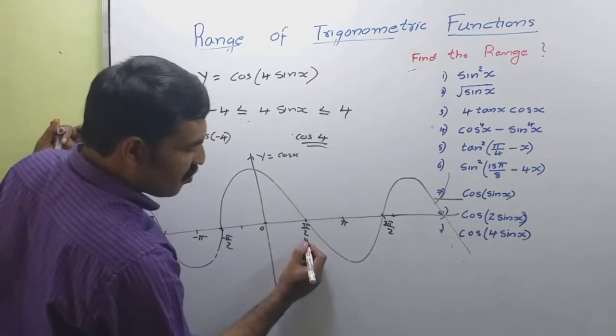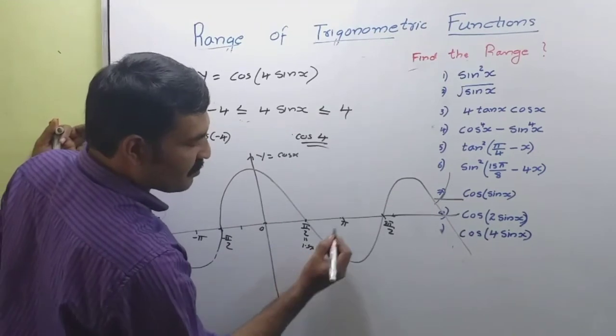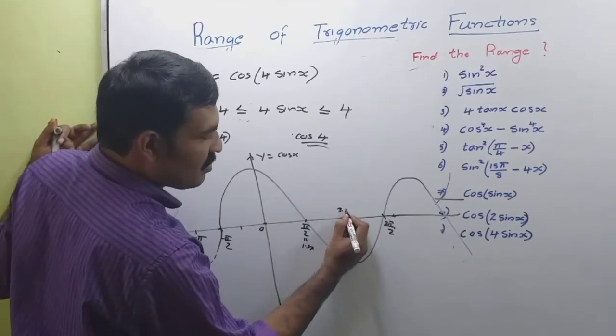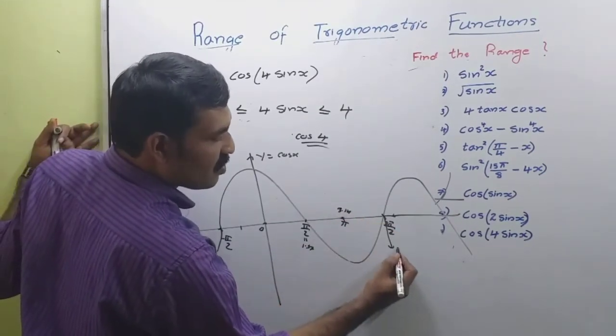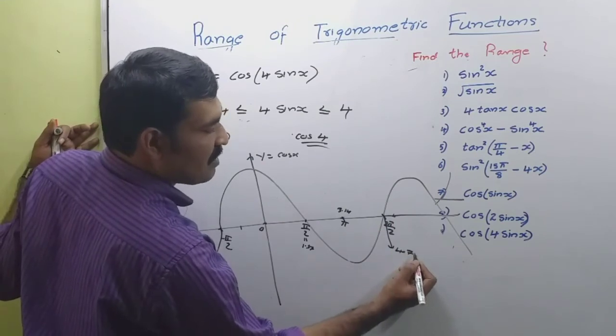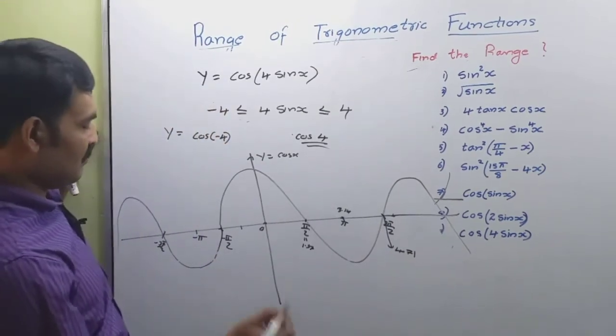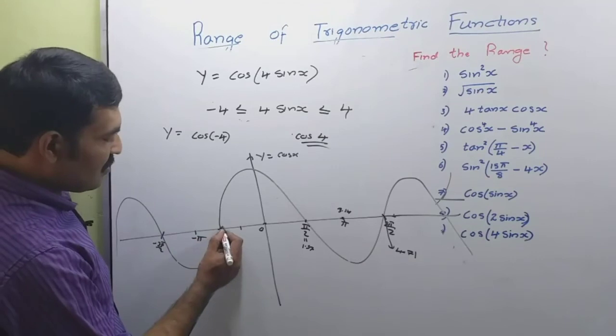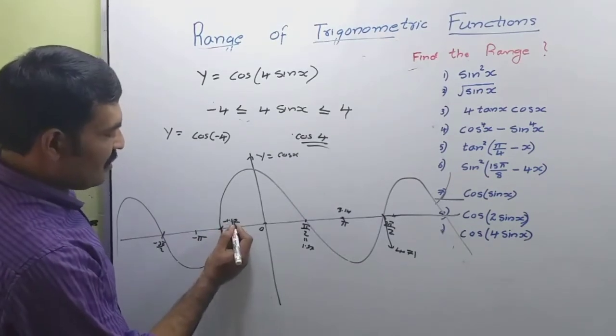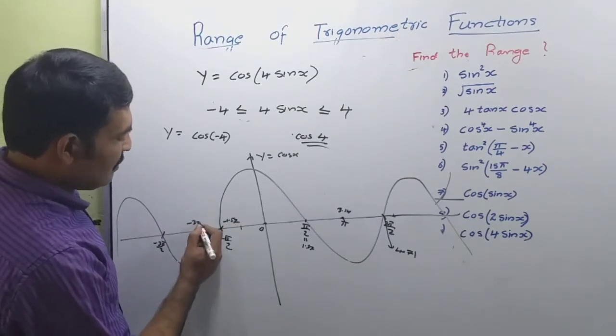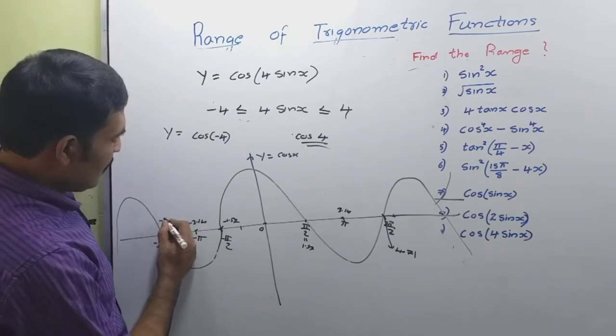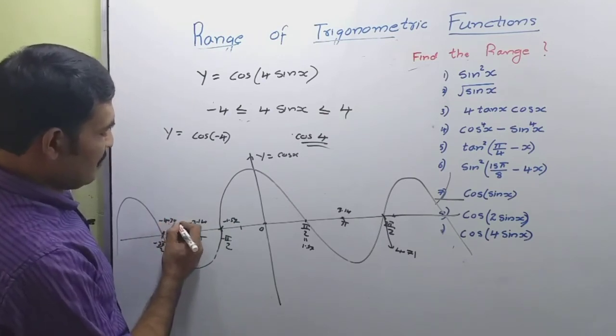The values are 1.57, 3.14, 4.71, and again minus 1.57, minus 3.14, minus 4.7.